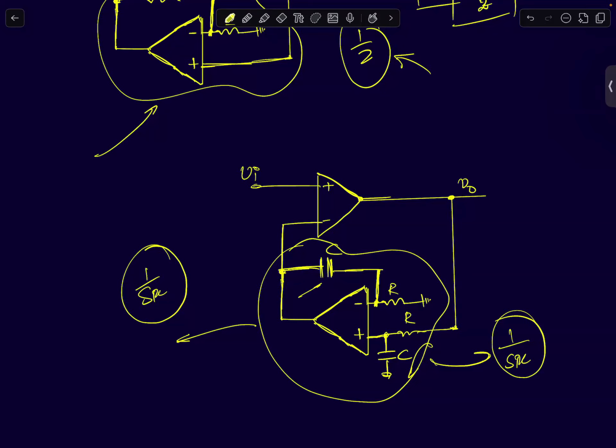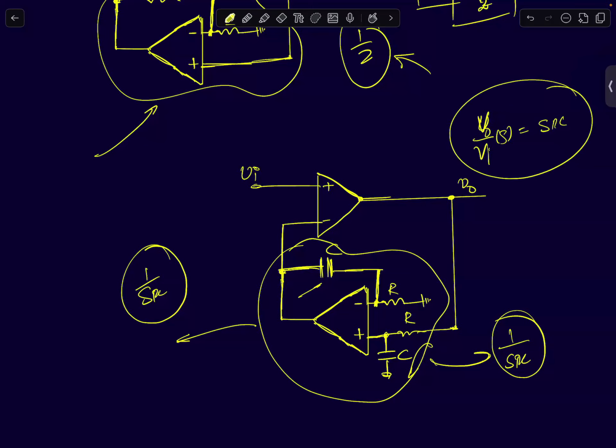So now tell me what will be your closed loop gain for the circuit. The feedback path is 1 by SRC. So what will be the closed loop gain for the circuit? SRC. That's it. It's just 1 by beta. So the closed loop gain, V naught by Vi of S, is 1 by beta, which is simply SRC.